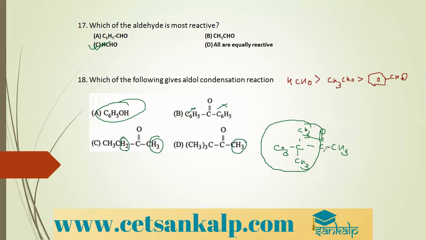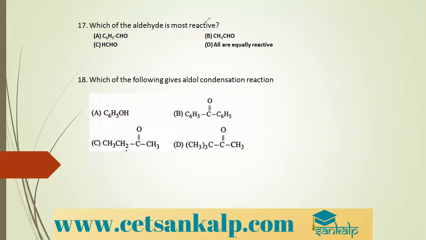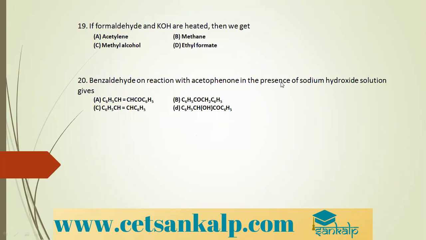To undergo aldol condensation, the nucleophile attacks the electrophilic carbon atom, but due to steric influence of the bulky group, the nucleophile will not attack very easily. Therefore, this doesn't show aldol condensation. So the correct option is option C. Understood. So even if there are alpha hydrogens, look at whether there is a sterically hindered carbon. If there is a sterically hindered carbon, then it will not show aldol condensation.